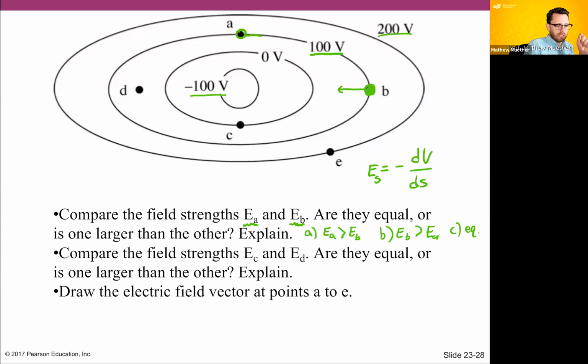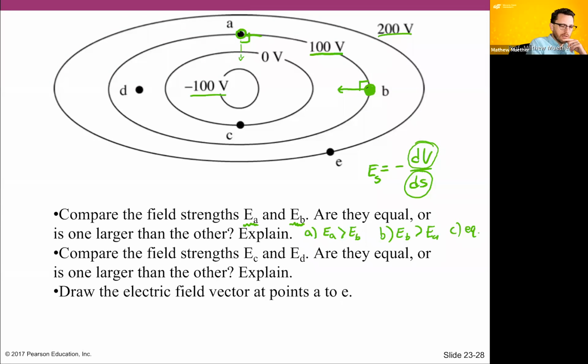But this question was about how the strength compares. This one is going to point somewhere in this direction. Remember, it's got to be perpendicular to the equal potential line and point towards decreasing values of the potential. But we want to know about the size. How do I determine the size? I determine the size by looking at how rapidly the potential changes per distance I travel.